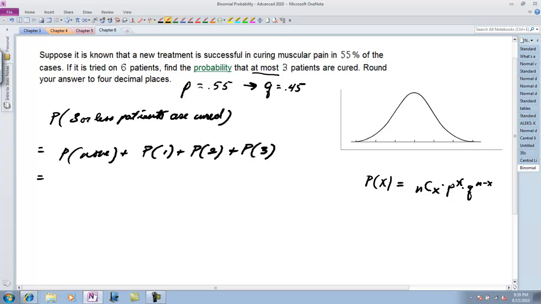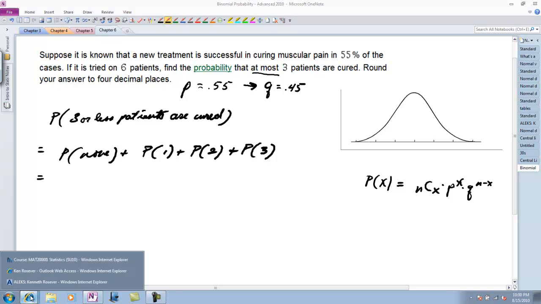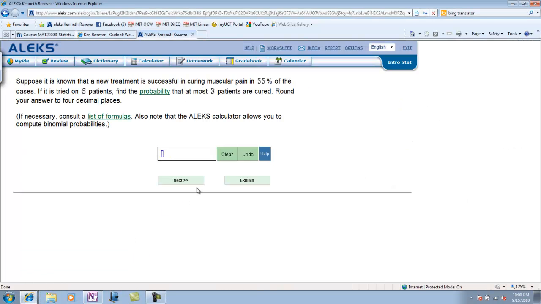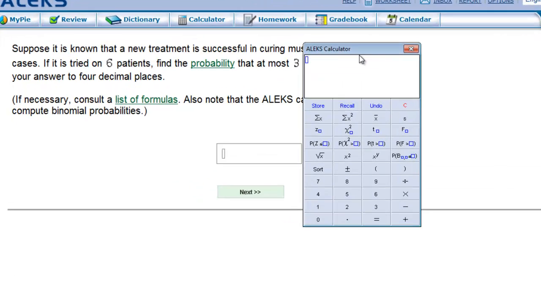And we did a video on this, and you go through all that. However, ALEKS has an easier way to do it if you know what you're doing. There is a calculator feature that you can use. So let's try that out. If you watch the other video, you know how to do it by hand. Let's talk about how to use this.